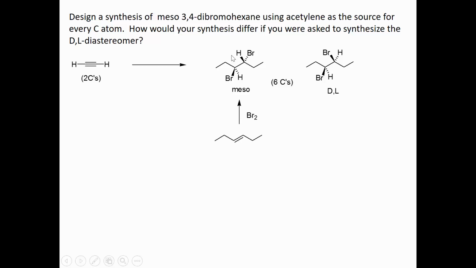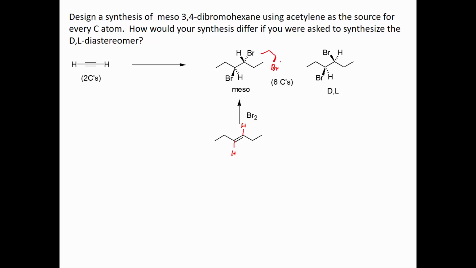All right, so if we're going to make meso, that means we need to do an anti-addition to this compound right here. So we need the trans alkene to make meso. And if you don't remember what meso is, let's see. We can't really tell it's meso from that conformation.